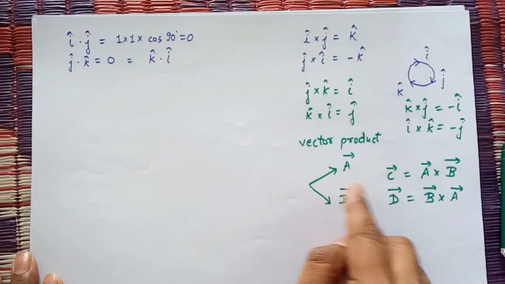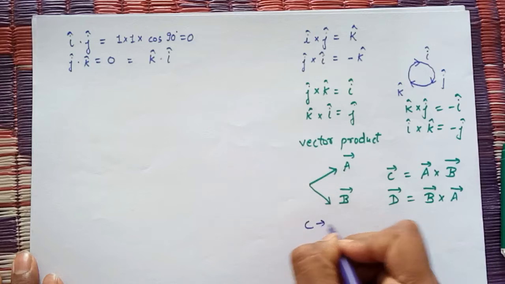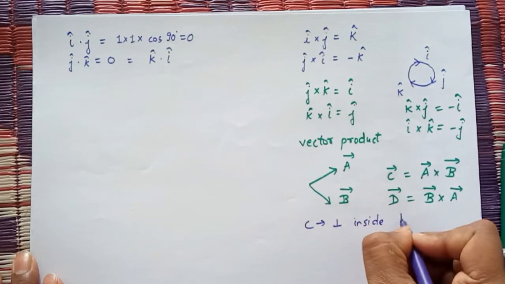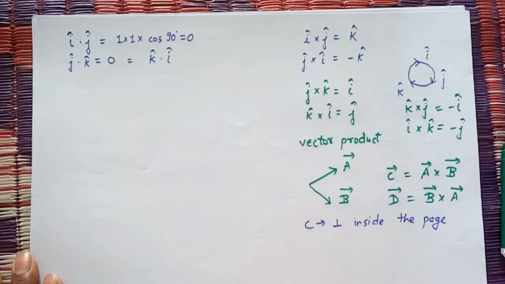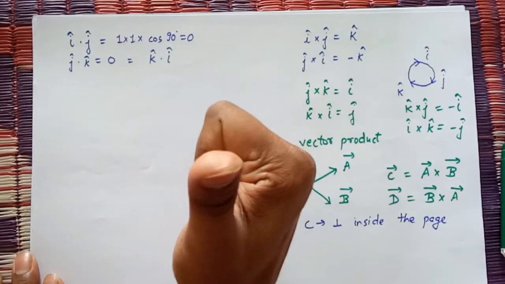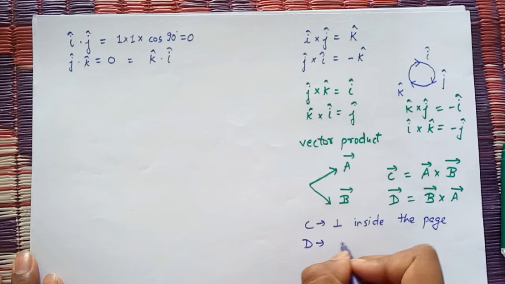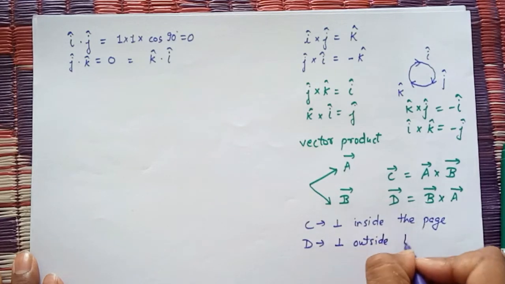Hence, the direction of C will be perpendicular inside the page. And what about B cross A? Putting the fingers on B, closing it towards A, the thumb is outside. So the direction of D is perpendicular outside the page.